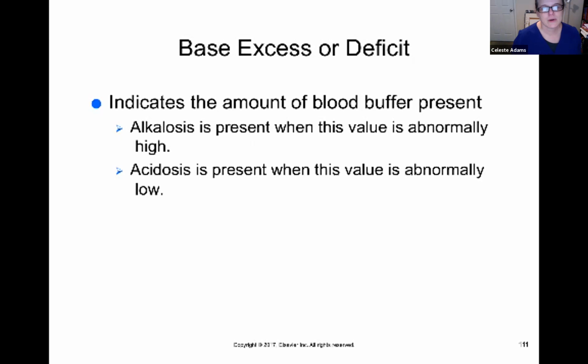Alkalosis is present when this value is abnormally high, so alkalosis equals too much base. Acidosis is present when this value is abnormally low, so acidosis equals not enough base.